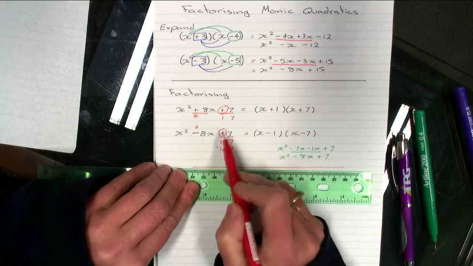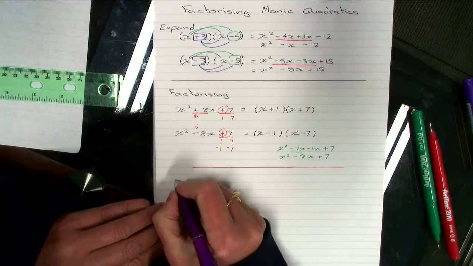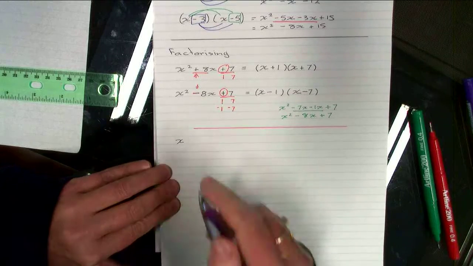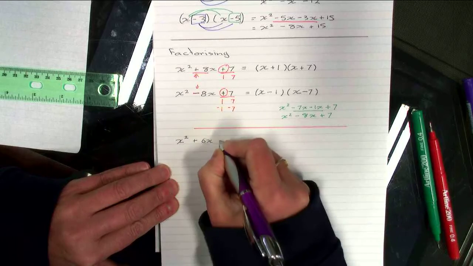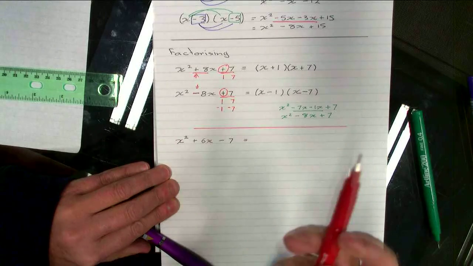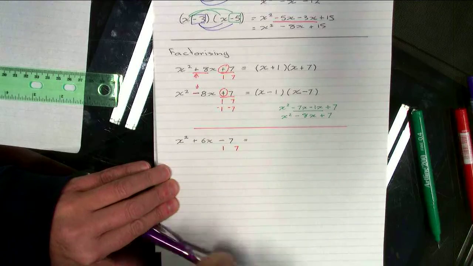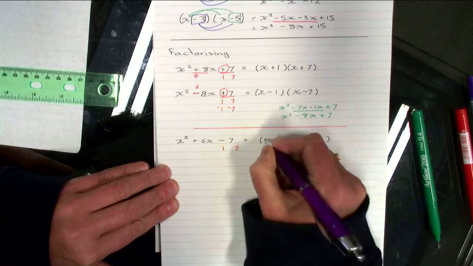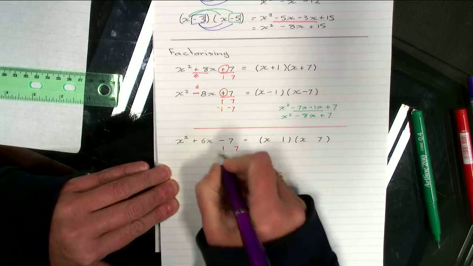plus before our constant. So let's look what happens when we have a minus before our constant. So if I have x squared plus 6x minus 7. I'm using the minus 7 again because we know here that our factors are 1 and 7. So pretty much we know what's got to be in our brackets. x squared, x, and we've got to have a 1 and we've got to have a 7 because there cannot be any other factors.